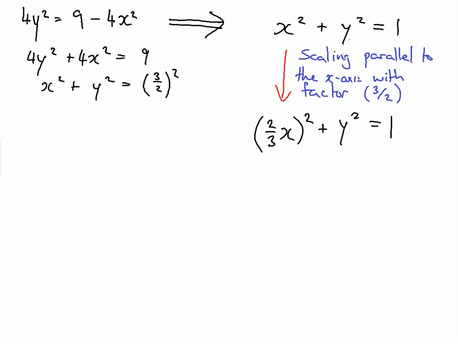So that's step 1, but we're not at the final result yet, so we actually have to go through another step. And that is that x and y both had the same factor applied.